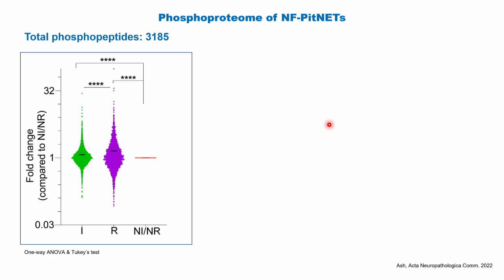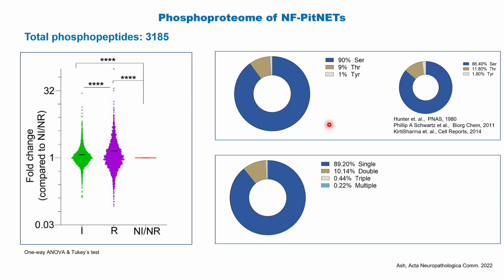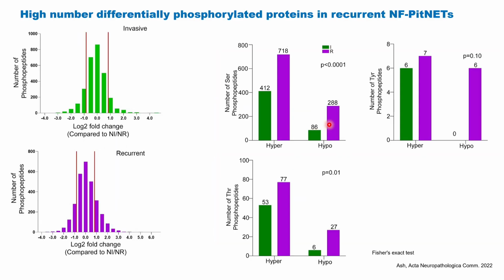I think that's it, and this is what I do. I don't work on neurodegeneration, I work on neuroendocrine, and I have done the phosphoproteomics of non-functioning pituitary tumors, and we found significant differences between the recurrent and invasive ones. Usually people say that if it is invasive it will recur, but there is a molecular difference as well.